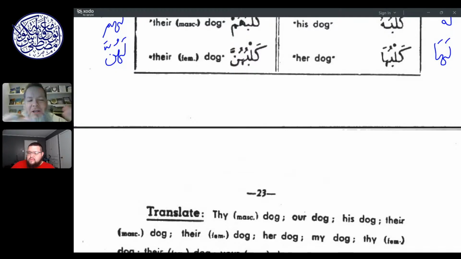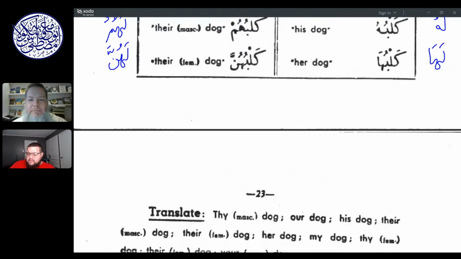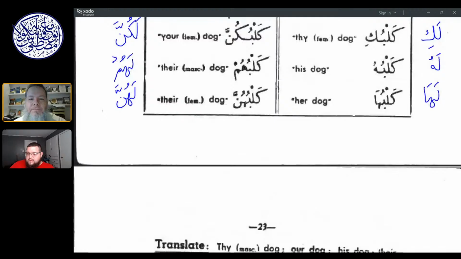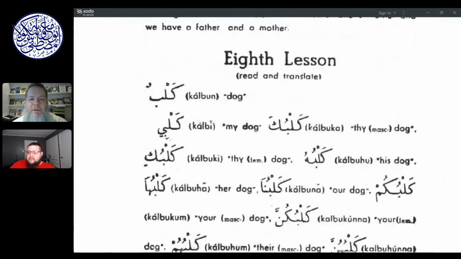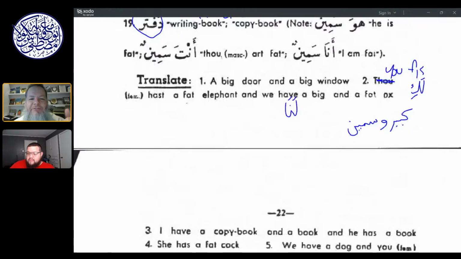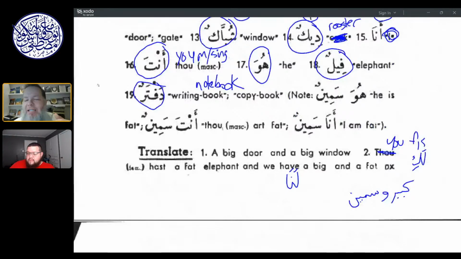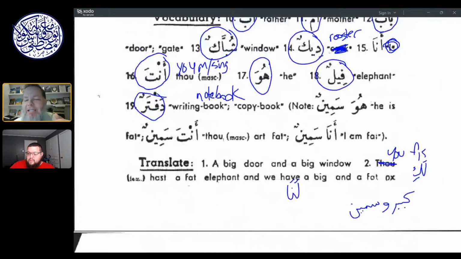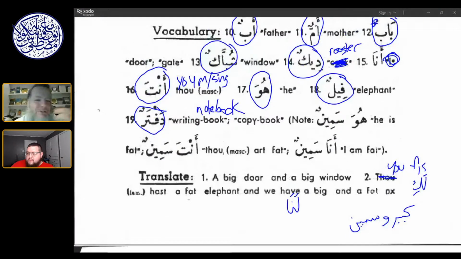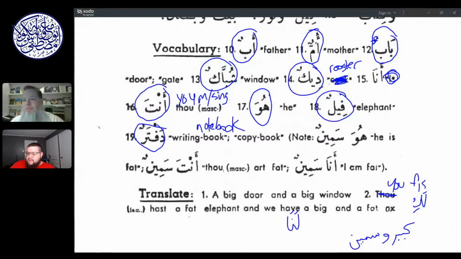You could do it with any noun. So right now we had daftar, we had feel, my elephant, filuka, your elephant, filuki, your elephant to a female. You could do it with any of the nouns that we've had so far. Ummi, Ummuka, Ummuki, Ummuhu, Ummuha, Ummuna, Ummukum, Ummukunna, Ummuhum, Ummuhunna.